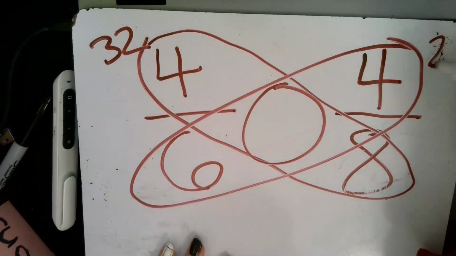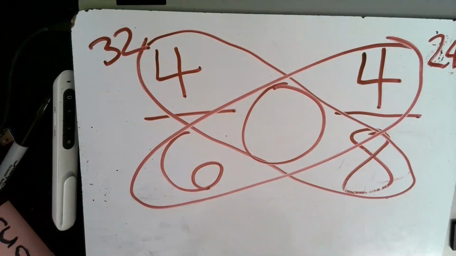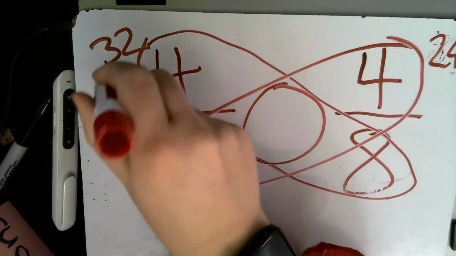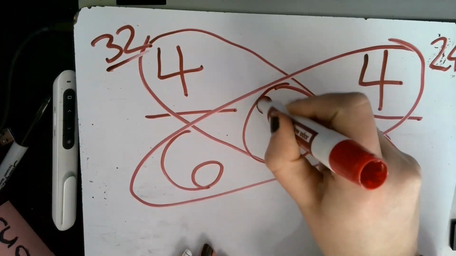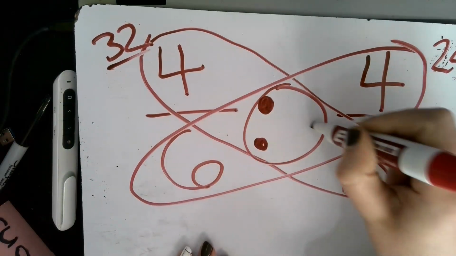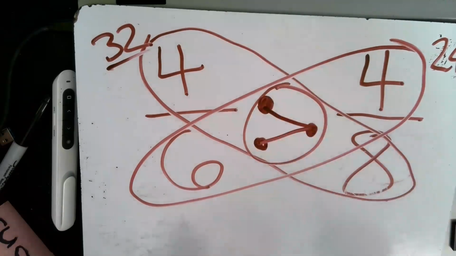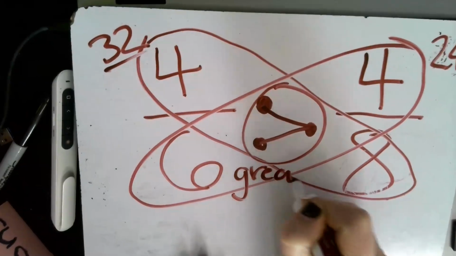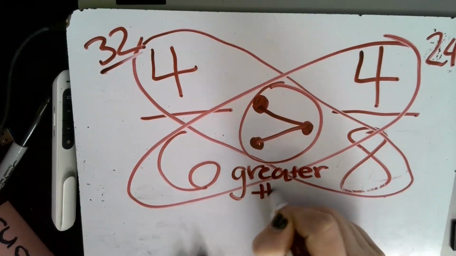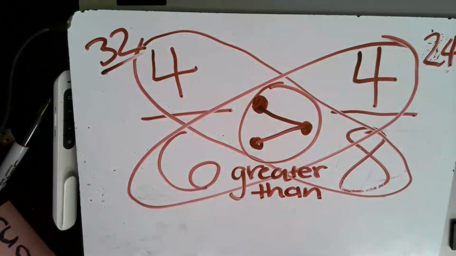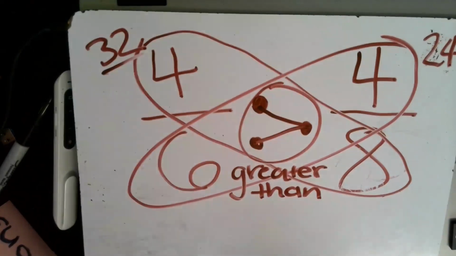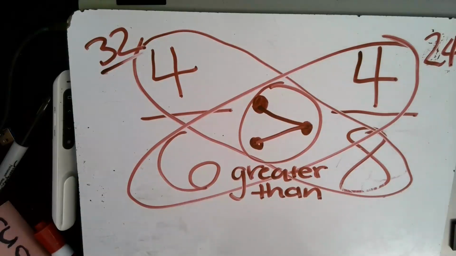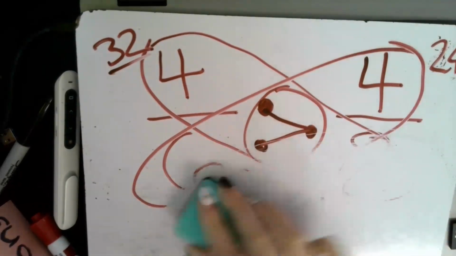Very good. Which number is greater? 32 is. So this side gets 2 dots. This side gets 1 dot. Connect the dots, and it gives us the greater than symbol. Does that make sense? Are we going to do a page about it? We are. We totally are. Let's go. I can't wait to do the butterfly method.